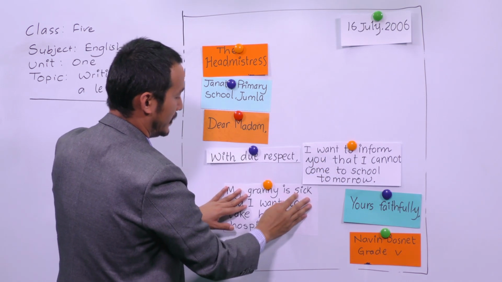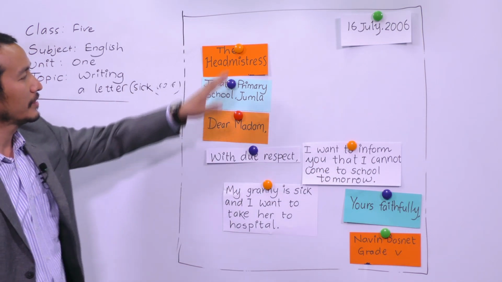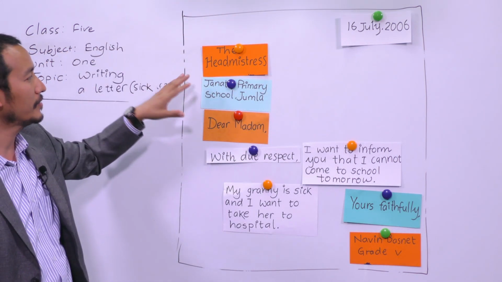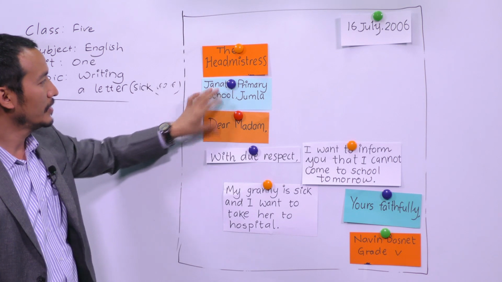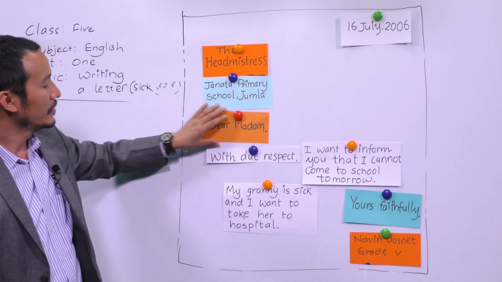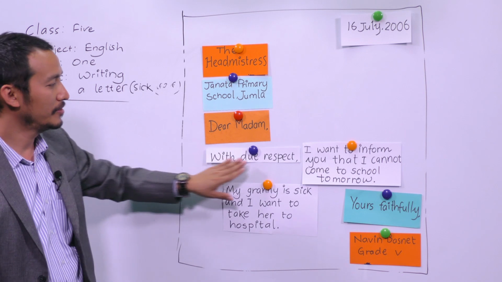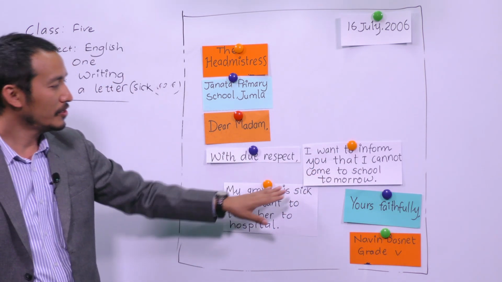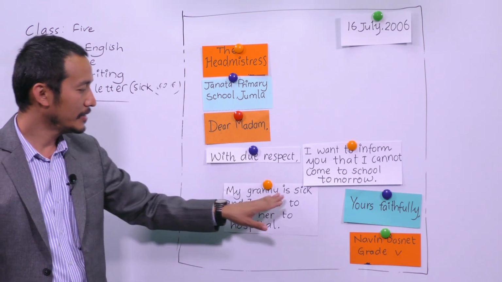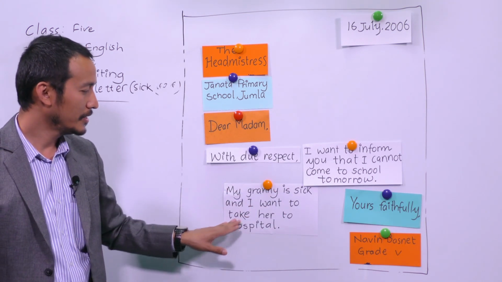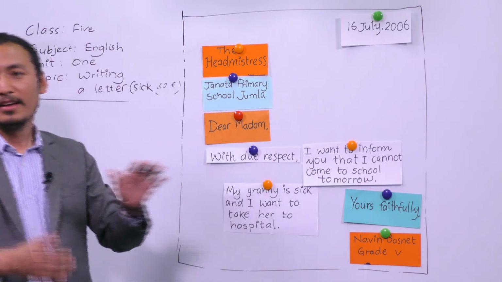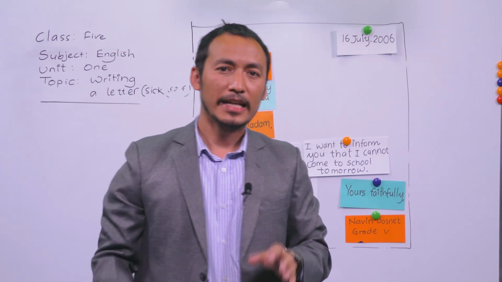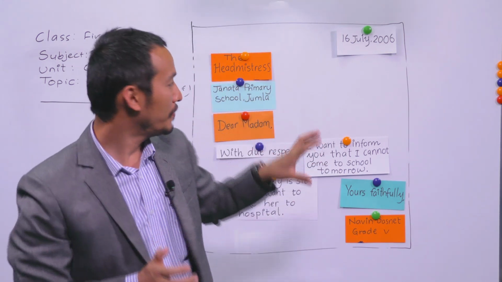Okay, so this is how. Now can you read? The date is 16 July 2006. The headmistress, Janata Primary School, Jumla. Dear Madam, with due respect, I want to inform you that I cannot come to school tomorrow. My granny is sick and I want to take her to hospital. All right, students, these are the components that we have to put in the proper order.